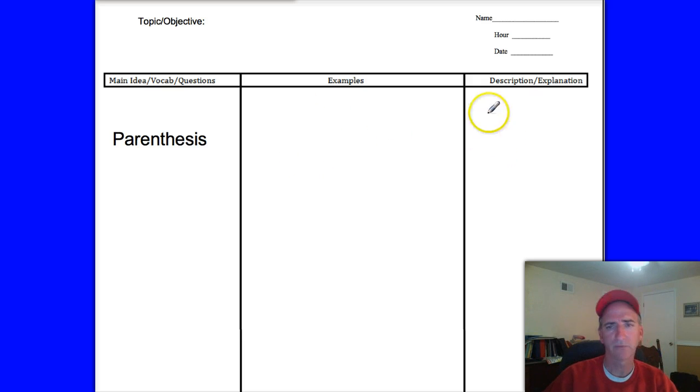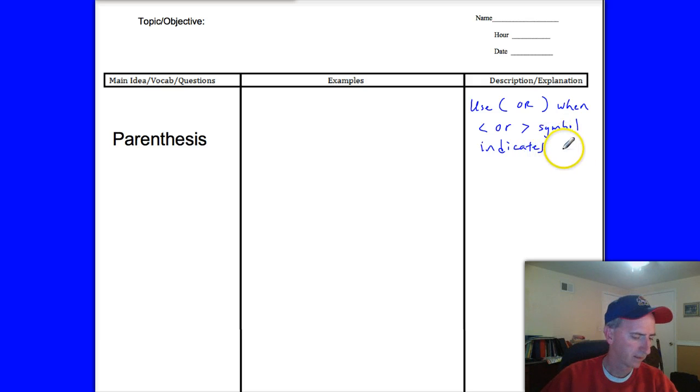Okay. So before I look at an example, here's a description. You use parentheses when this symbol or this symbol, so here you've got less than, here you've got greater than, when one of those symbols indicates the interval endpoints are not included.